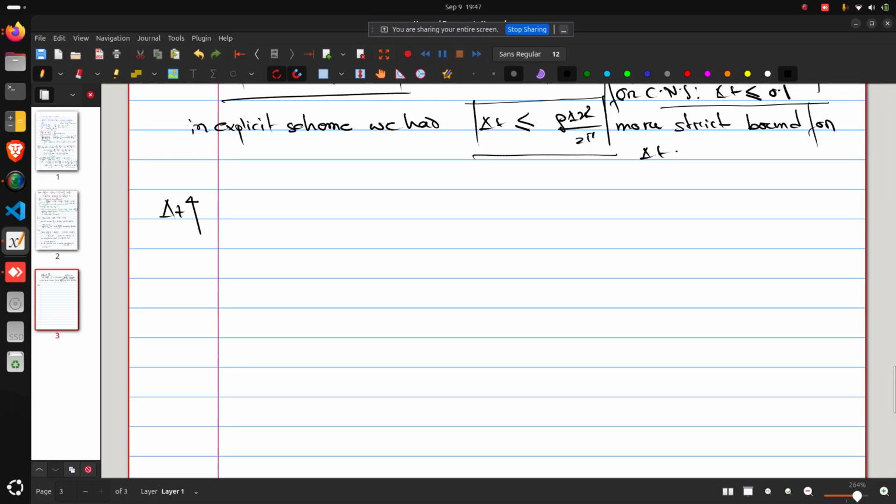In a practical simulation setup, for example, you want to simulate a turbulent jet which is issued from a nozzle, and you want to progress it to, say, 1 second, right? If you take a larger delta t, then the computational time will be less, right?